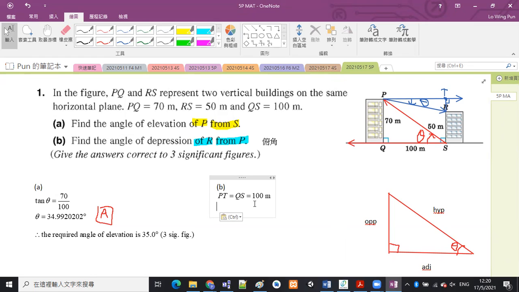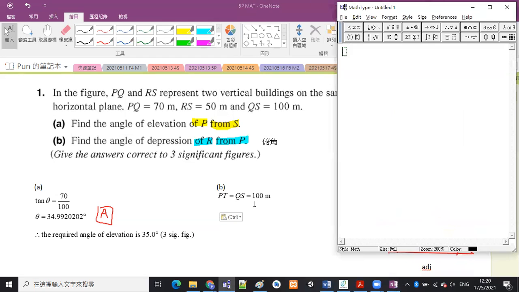It is actually the difference between the two buildings, the height of two buildings, I mean. Okay, so this one is 70, which means that TS is 70, and then RS is 50, which means that TR should be 70 minus 50. That is 20. Can you get this? So TR should be equal to 70 minus 50. That is 20 meters.